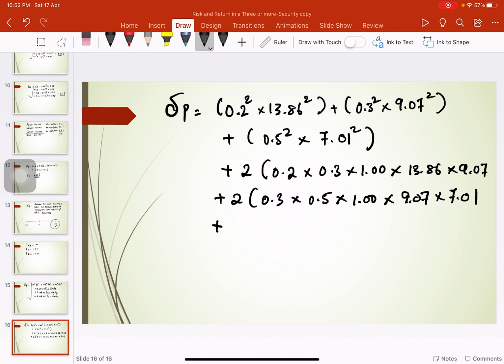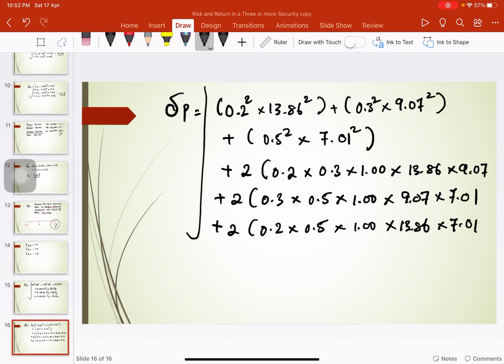Okay, and then the last pair 2 times weight A 0.2 times weight C 0.5 times correlation between A and C also 1 times standard deviation A 13.86 times standard deviation C 7.01.